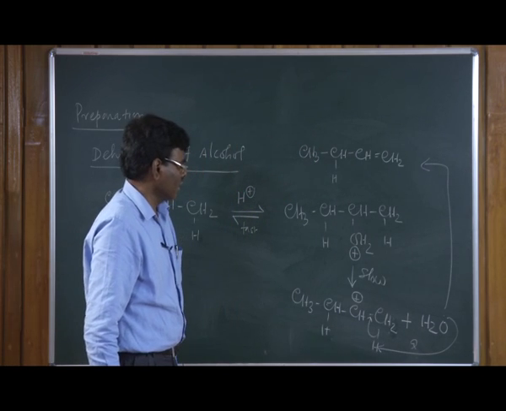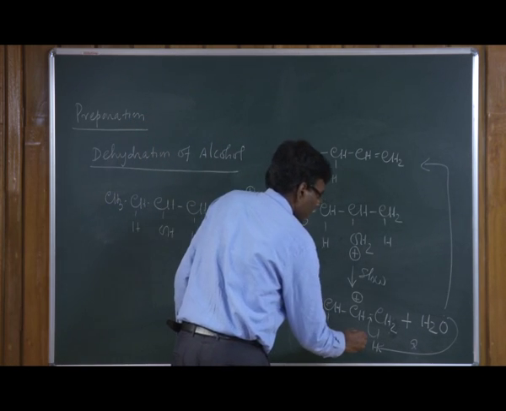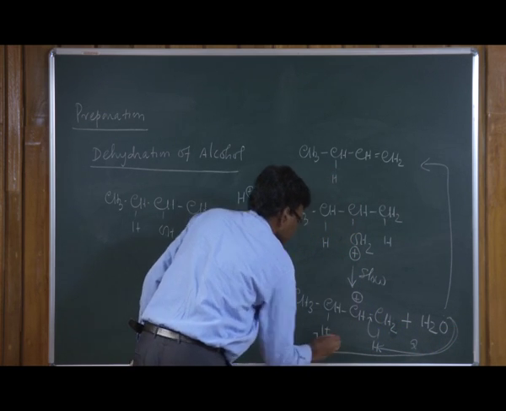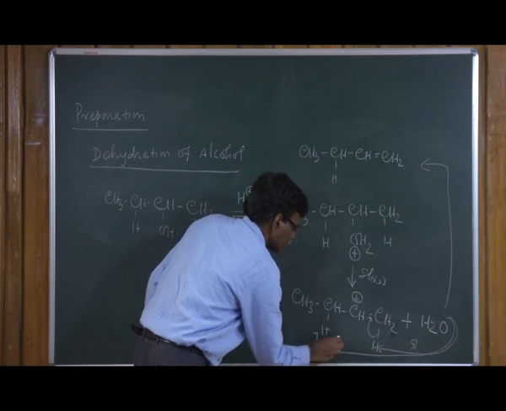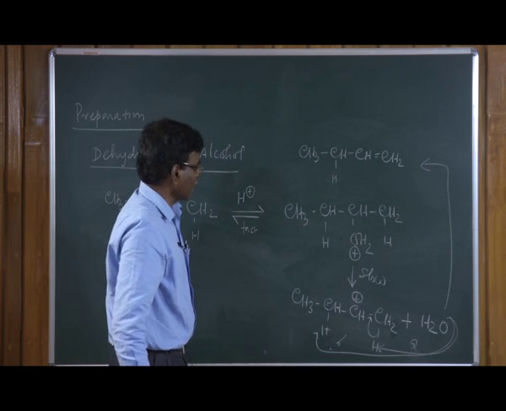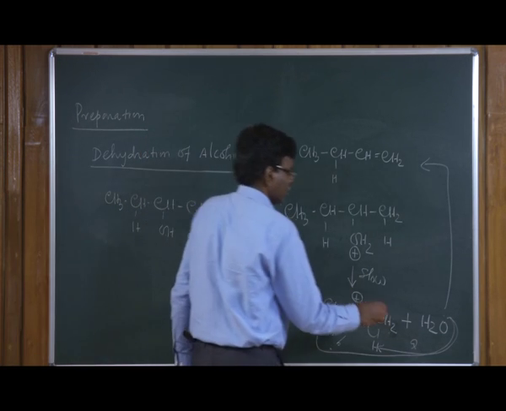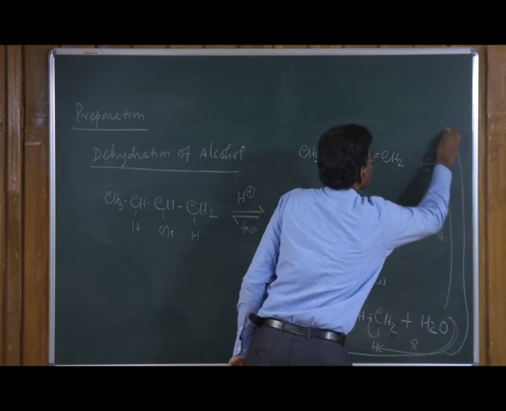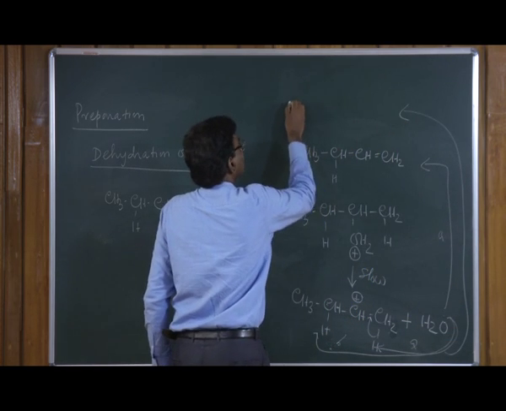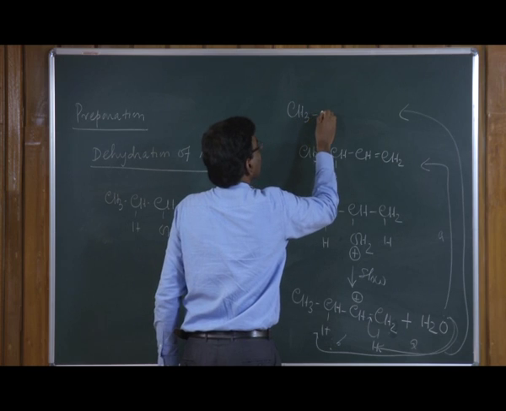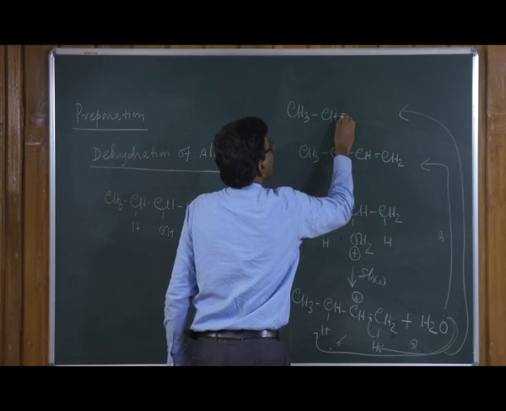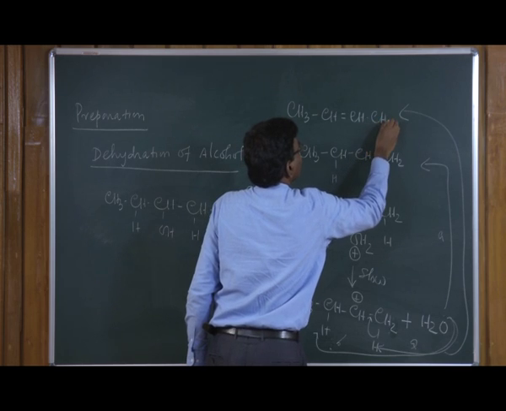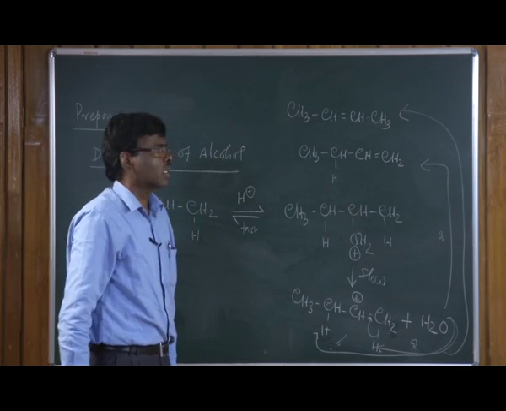this alkene. On the other hand, if the water molecule removes this proton, this is path B, removes this hydrogen, then you will get this.